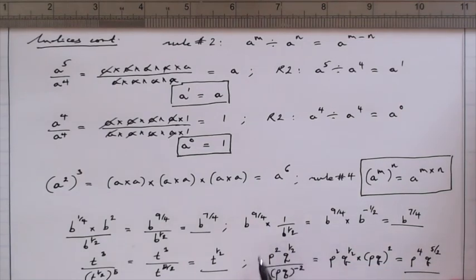So a slightly ugly example to finish, but really these are designed to show you that if you use these rules of indices systematically, often there's more than one way that you can go about it, and you should find your way pretty smartly to the answer. So I hope these 2 tutorials on indices have been helpful.